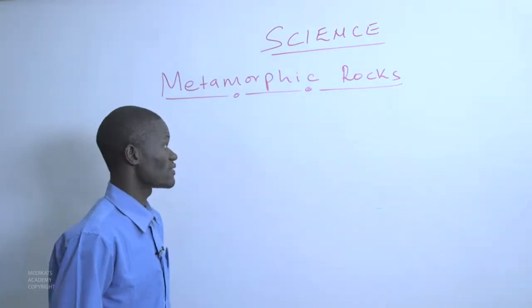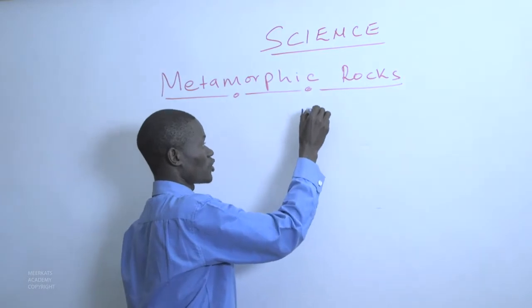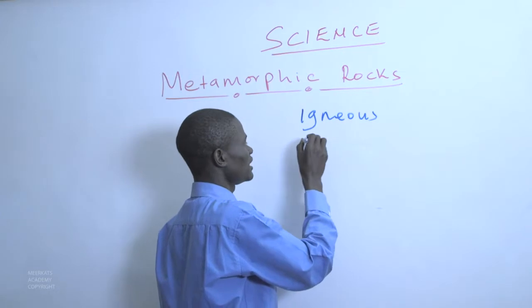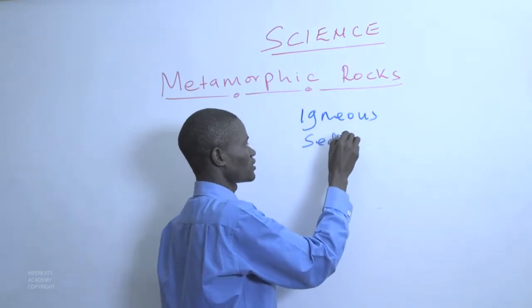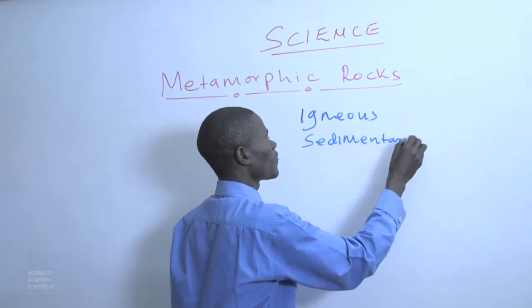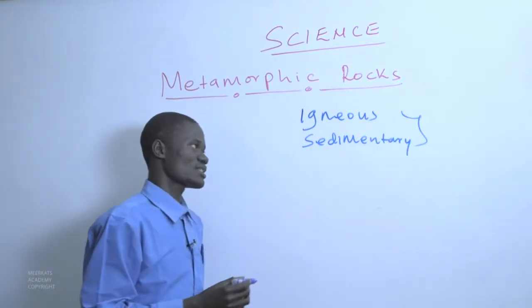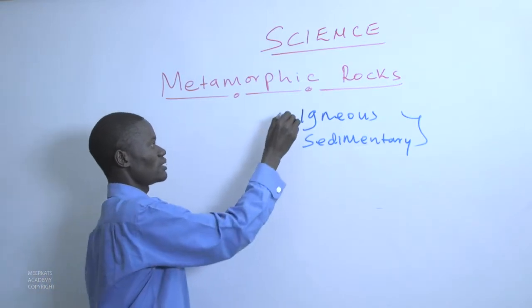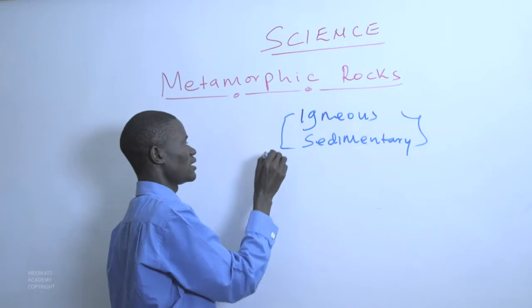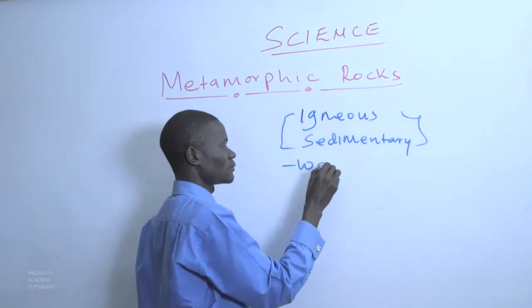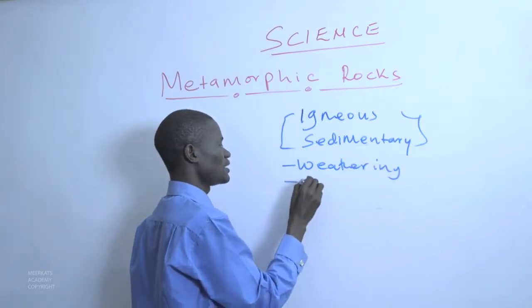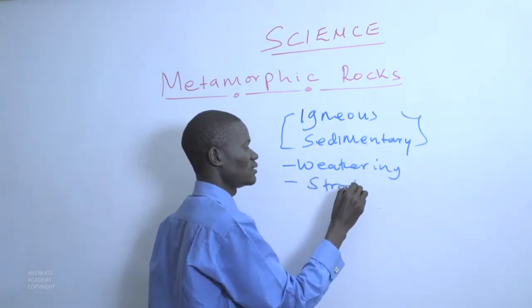Let's go back to the previously formed rocks such as igneous rocks and sedimentary rocks. When these rocks have already been formed, as products of the igneous as a result of weathering, they are laid down in strata.